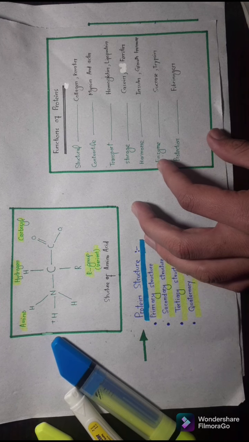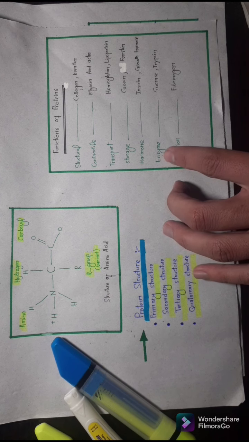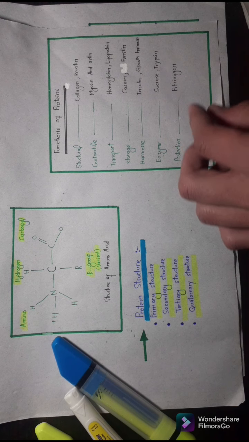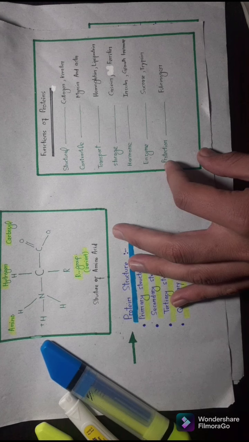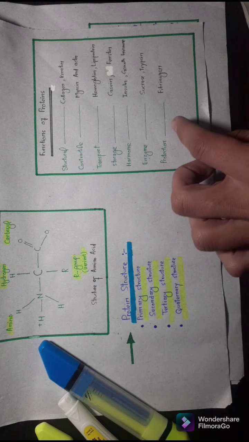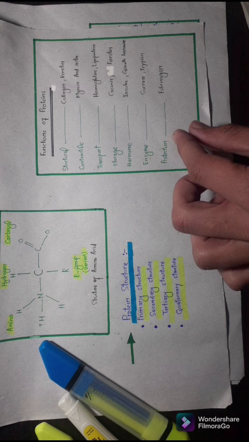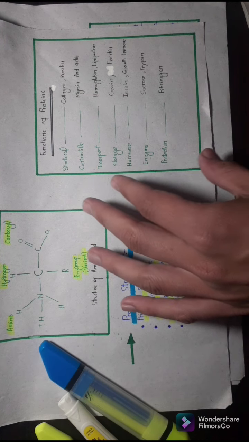Enzymes are also protein in nature, which catalyze biochemical reactions in the body or in the cells. Secretin and trypsin are all enzymes which are protein in nature. Proteins also recognize and destroy foreign substances, so they have a role in protection, like fibrinogen. So there are many functions of a protein.